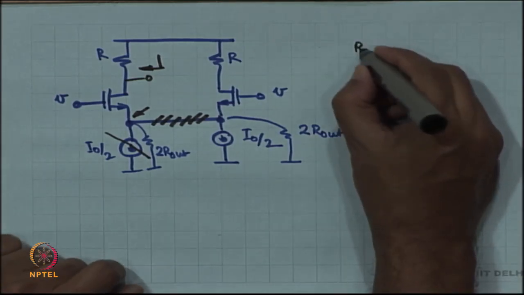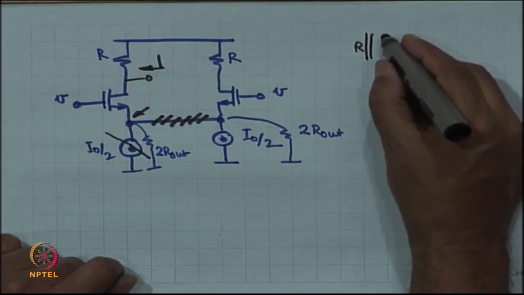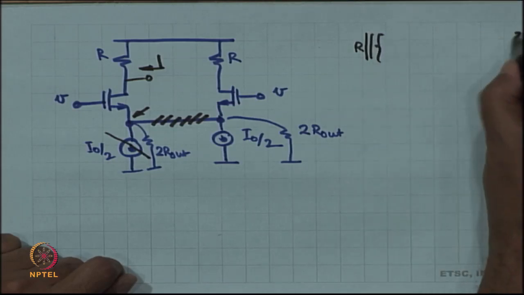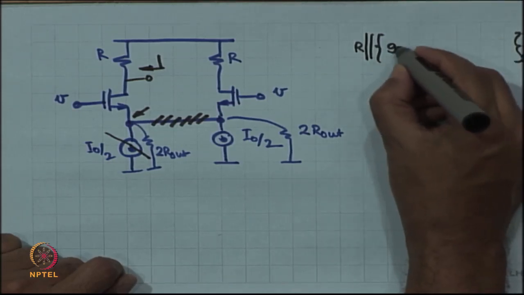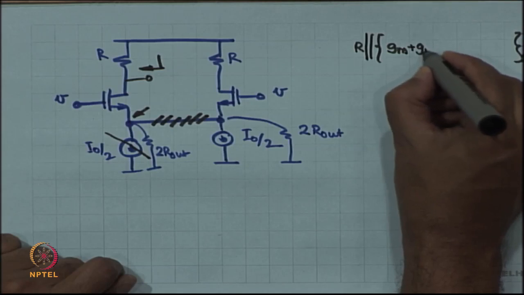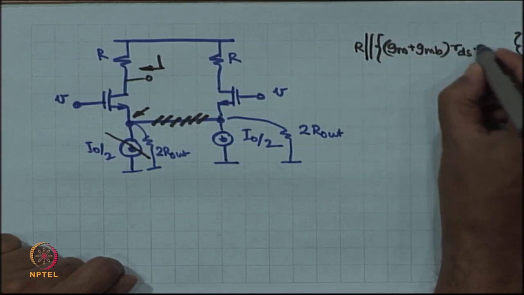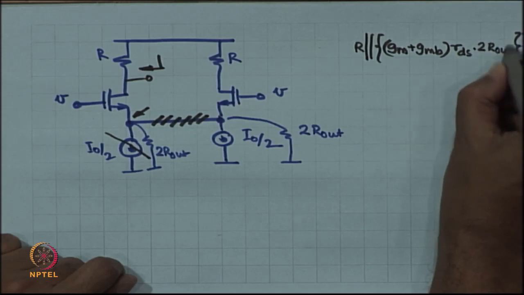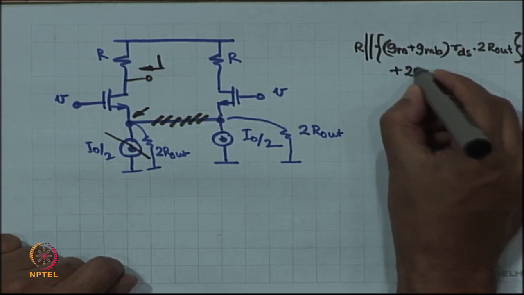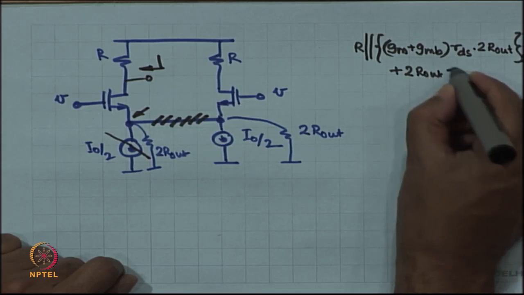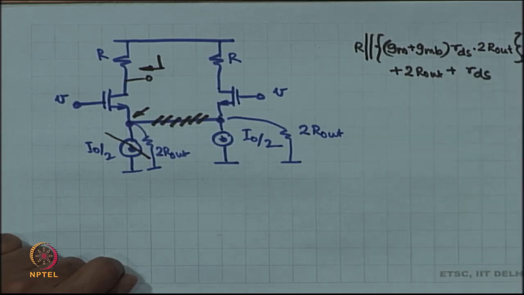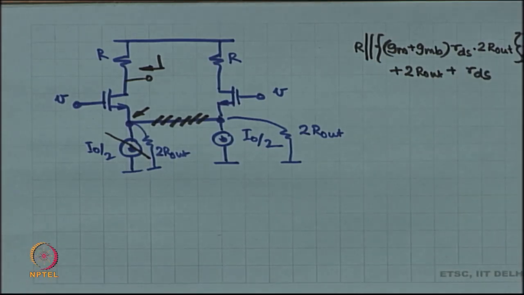So, output impedance is R in parallel with this. Fine, so this is the output impedance, done.